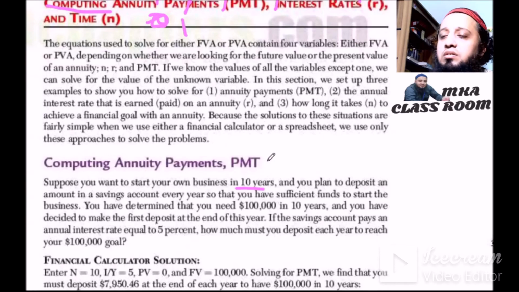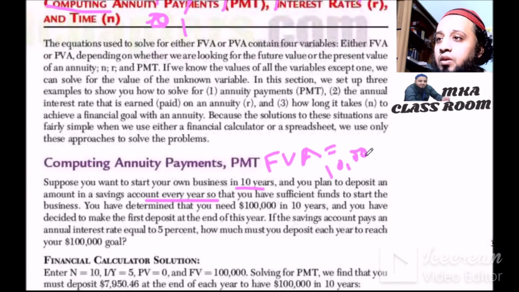That means it is a problem of future value of annuity, and you have to deposit every year a sufficient fund to reach your goal. That should be your goal, 1 lakh taka.